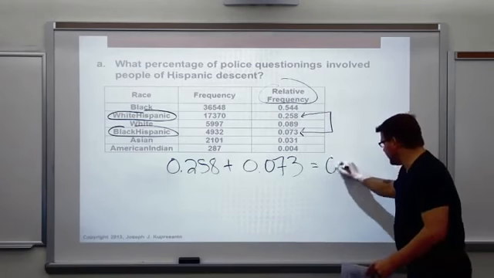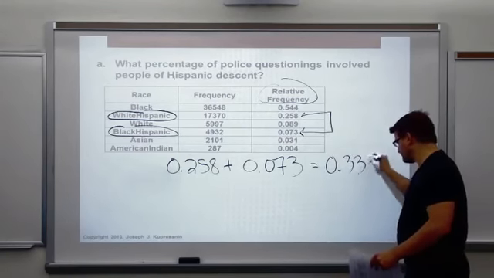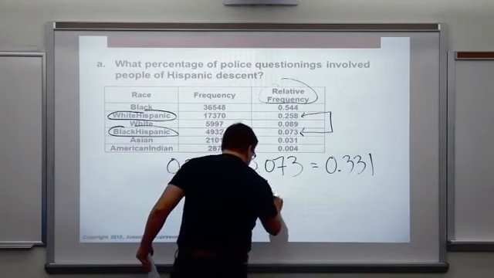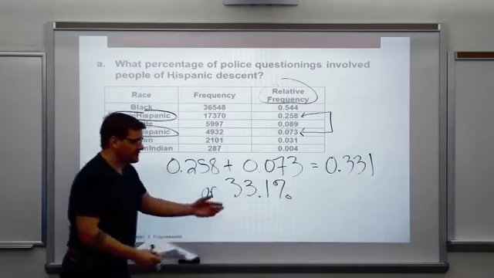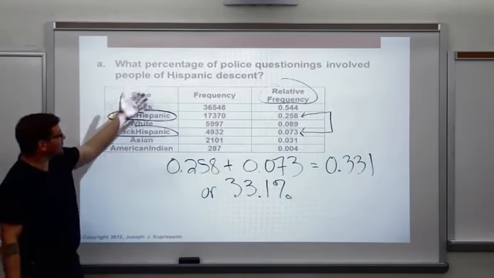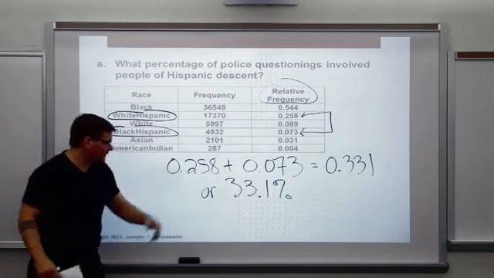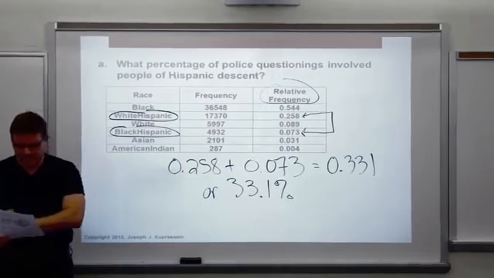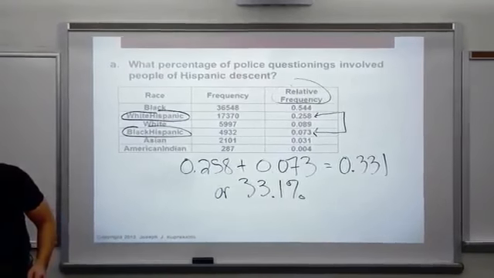Add them up on your calculator, you get a 0.331. Of course, we know that that is 33.1%. Just move the decimal 2 and put the percentage sign. Okay, so what percentage of police questioning is Hispanic? There it is, 33.1%.